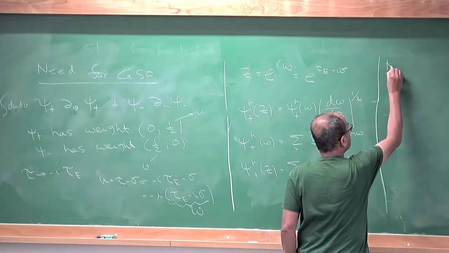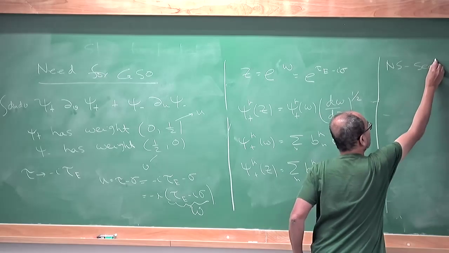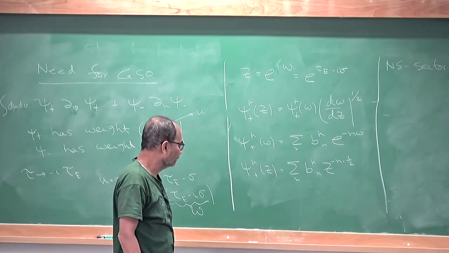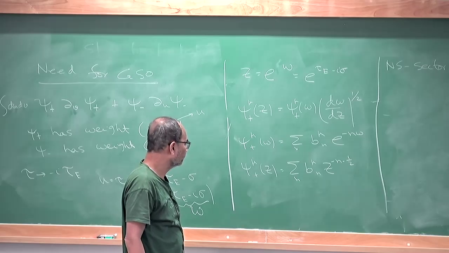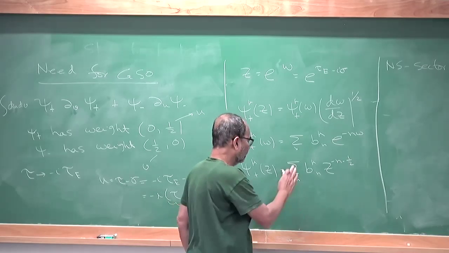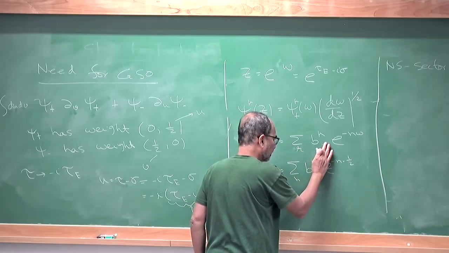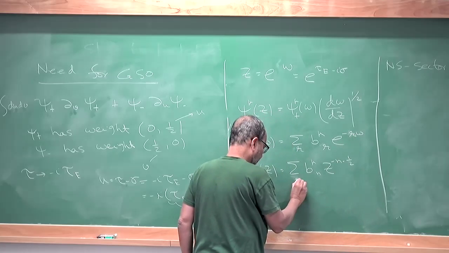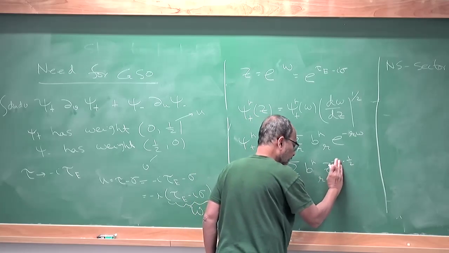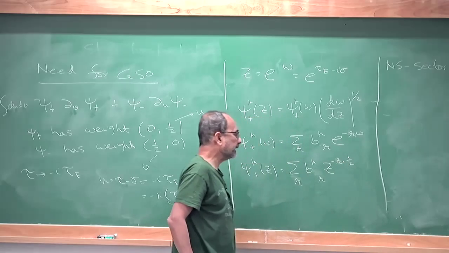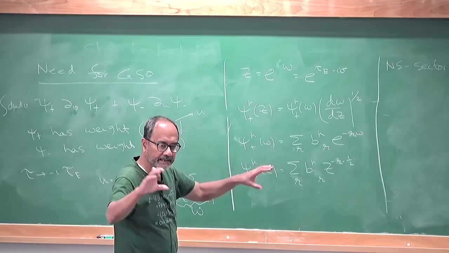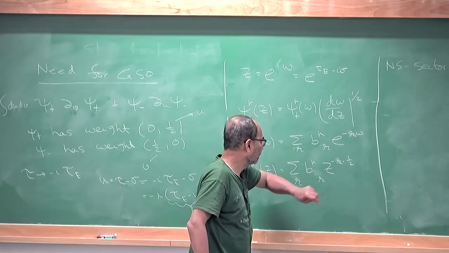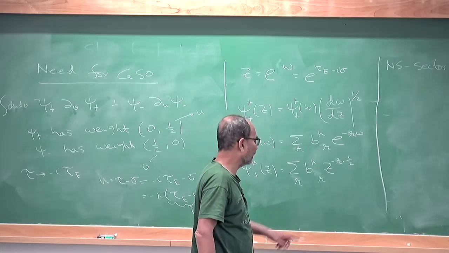So in the NS sector, I had called this R, right? Let me change it to r, just not to confuse. In this sector, on the cylinder, it was anti-periodic.